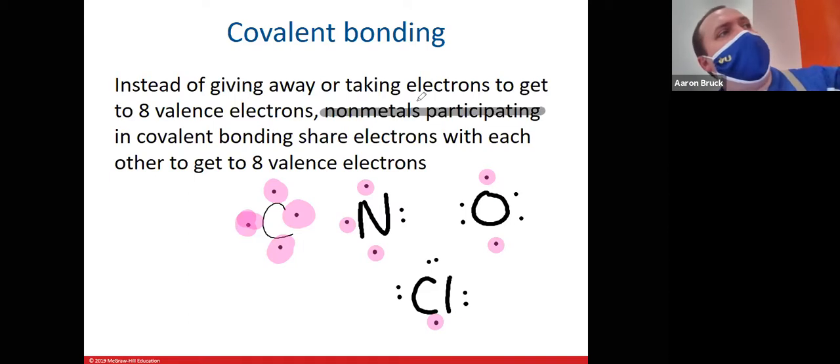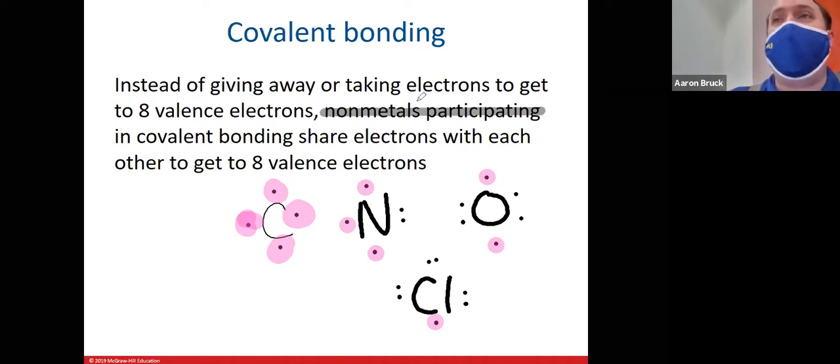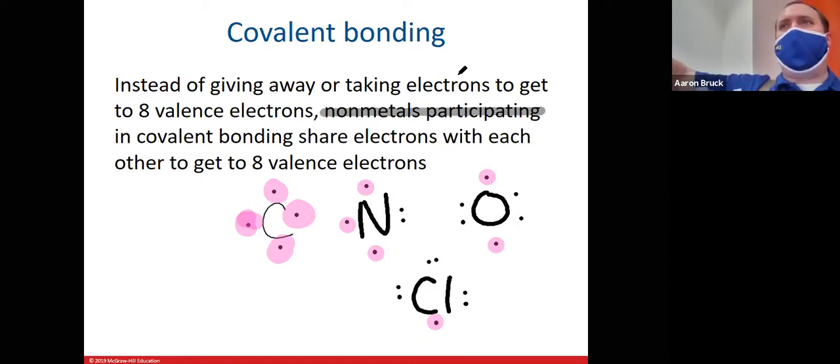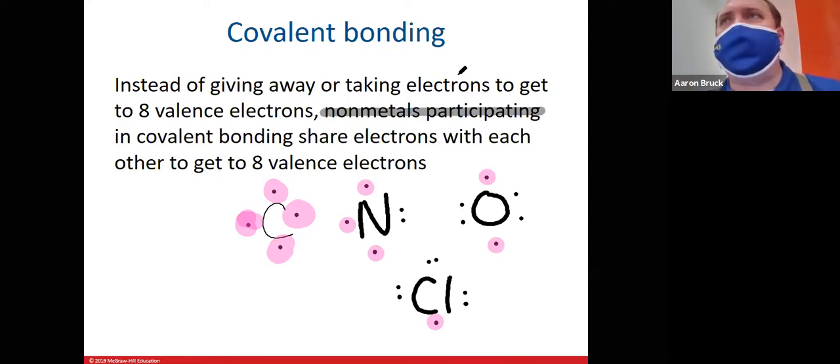By the time we get to chlorine and oxygen, we'll see that there's a great variety of compounds that they can make. Oxygen makes lots of covalent compounds. It also makes lots of ionic compounds. Chlorine and fluorine and all of the other halogens make lots of both. As we go further toward that noble gas configuration, we get more and more different kinds of bonding possible, because now it's not as difficult.